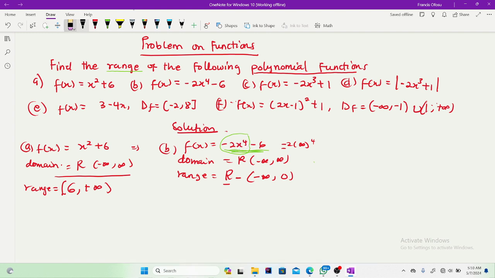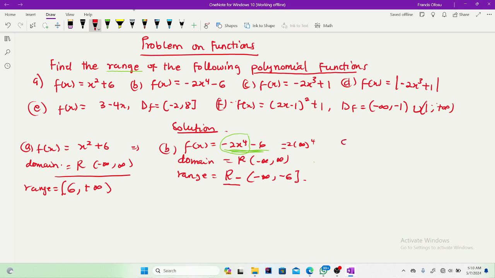So we can bring this 6 here and make it from negative infinity to negative 6 inclusive, or else you can also write negative real numbers.